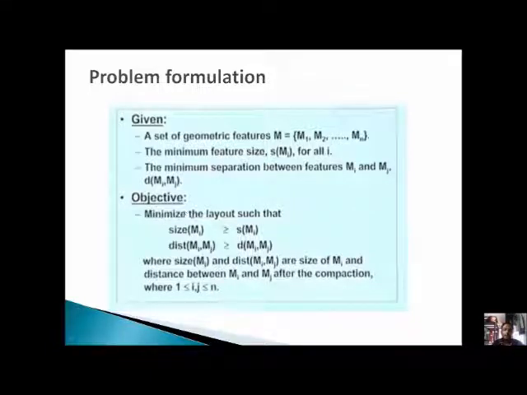Our objective is to minimize the layout such that the size of each block is greater than the minimum feature size, and the distance is greater than the minimum separation between mi and mj. Otherwise we will fail the rules, and it may cause DRC problems. So these are the objectives we have to follow.